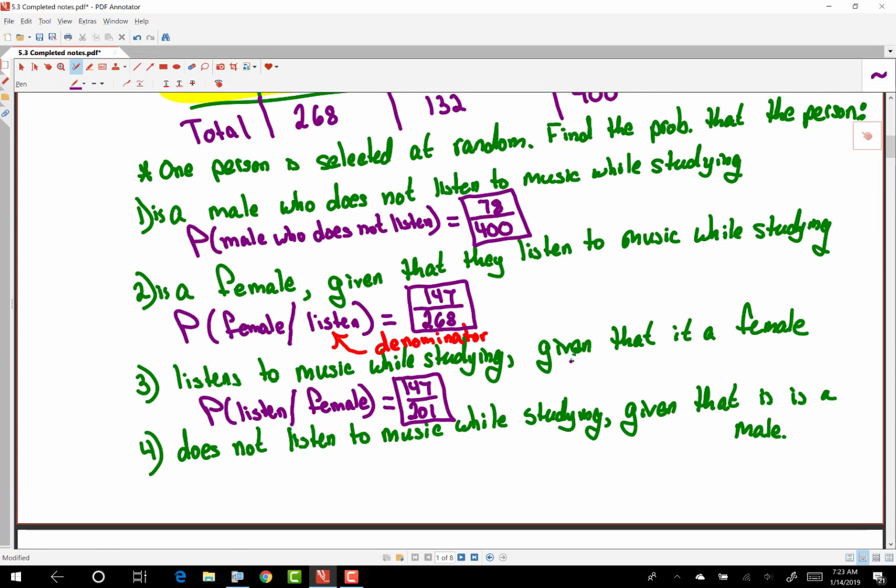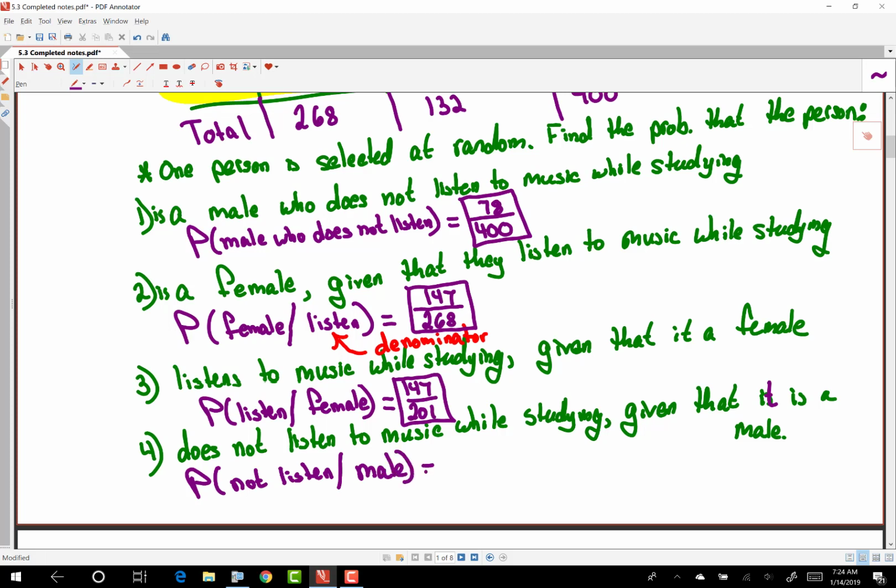Okay, let's do one more. Let's find the probability that the person does not listen to music while studying, given that it is a male. So we want the probability that they do not listen, given that it's male. So whenever we have a given condition, you've got to first decide what you're narrowing it down to.